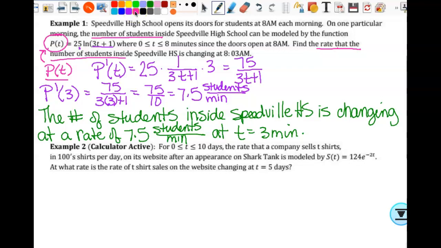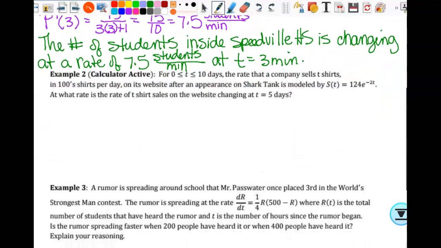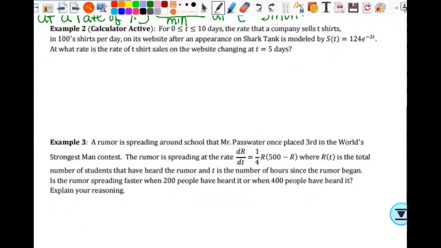For t between 0 and 10 days, the rate that a company sells T-shirts in hundreds of shirts per day on its website after an appearance on Shark Tank is modeled by this function. At what rate is the rate of T-shirt sales on the website changing? So at what rate is the rate of T-shirt sales on the website changing?